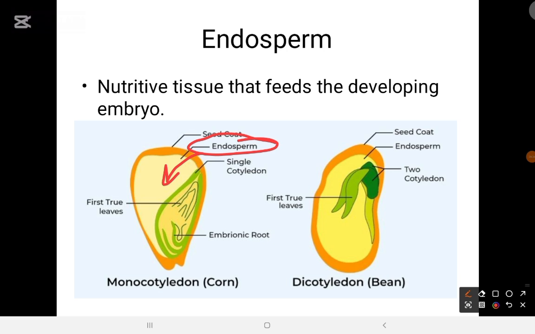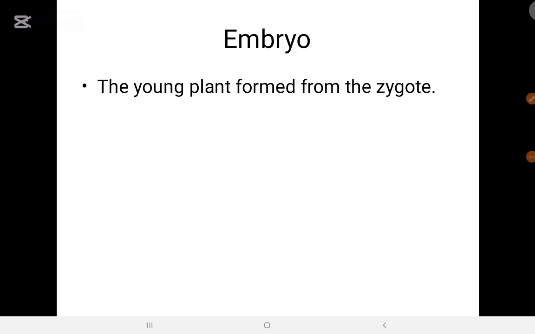Once the endosperm finishes, by that time the plant is already capable of photosynthesizing. So at that time it will begin to protrude and produce young leaf or buds of leaf that can photosynthesize.